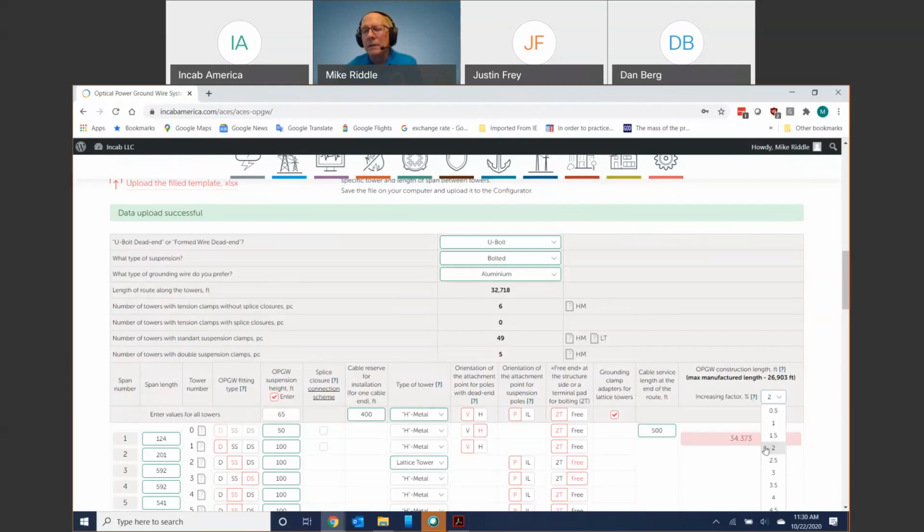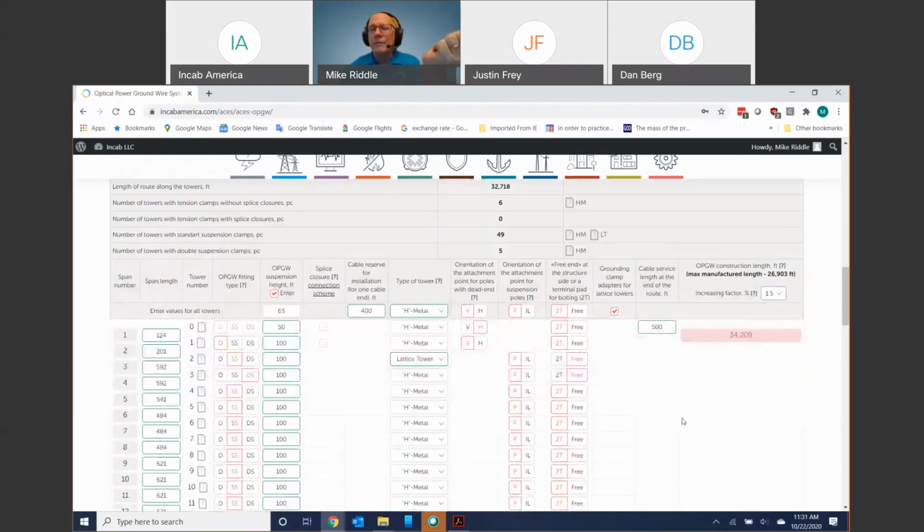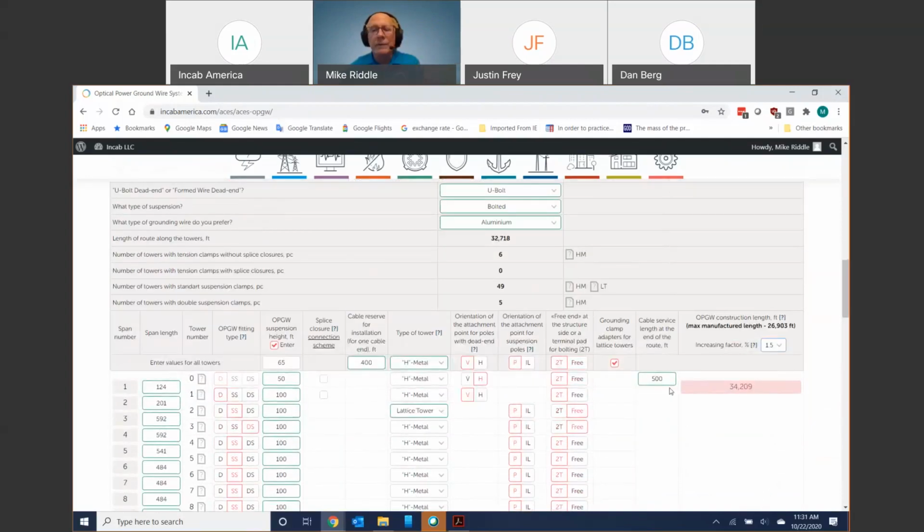So the default value is 2%, but maybe you want more, maybe you want less. Basically a 0.5% allowance for stag with the extra allowance for the splice prep is good enough.